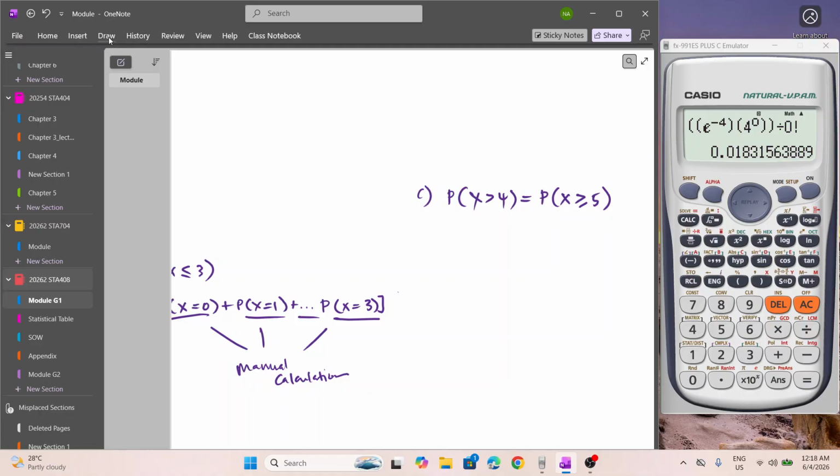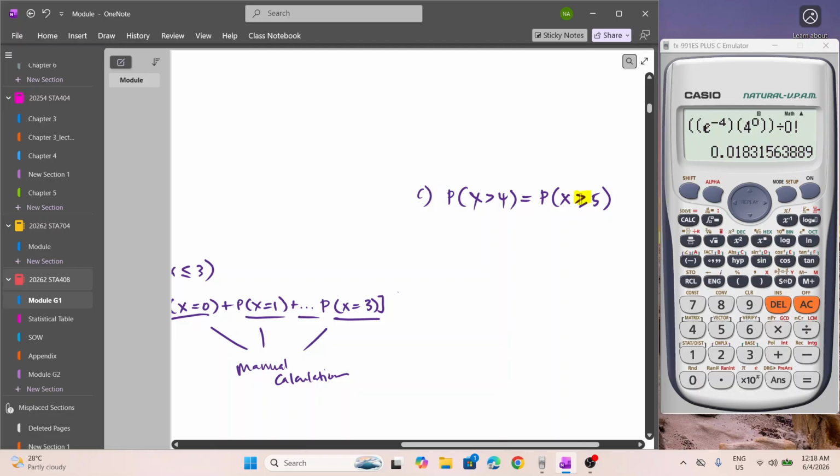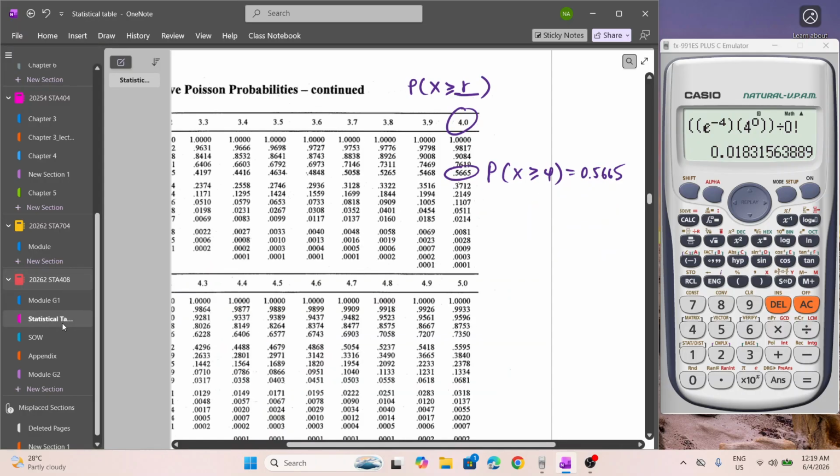So again, when you see this symbol, you can refer to the statistical table.